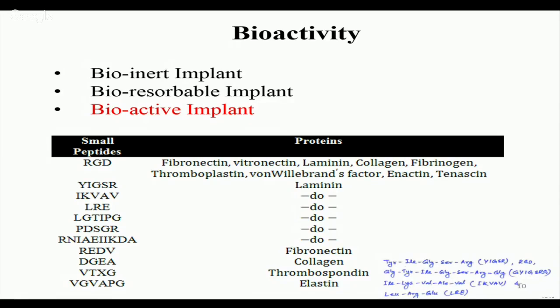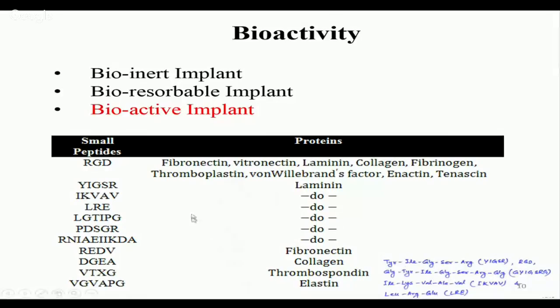That is why today people are working on bioactivation or bioactive materials development via the biomimetic approach. So you can see fibronectin, vitronectin, laminin, collagen, fibrinogen, thrombospondin, entactin, and tenascin.